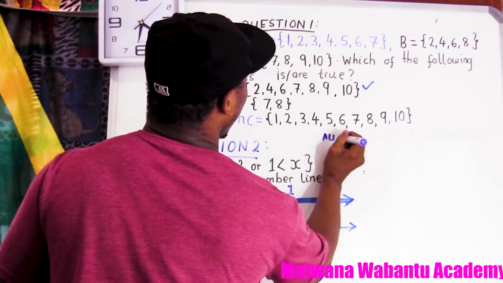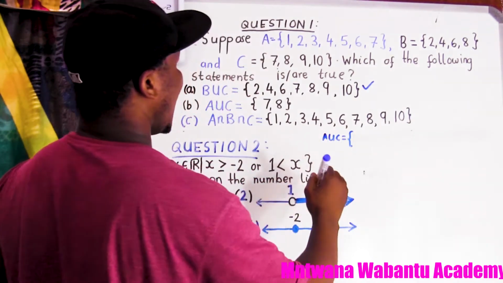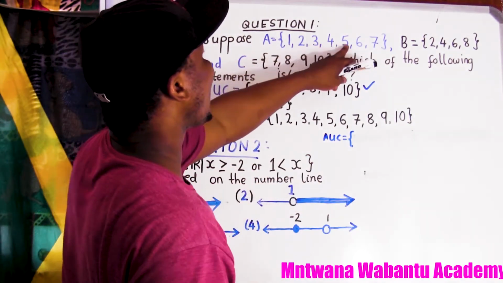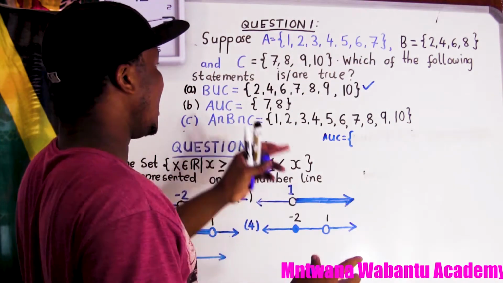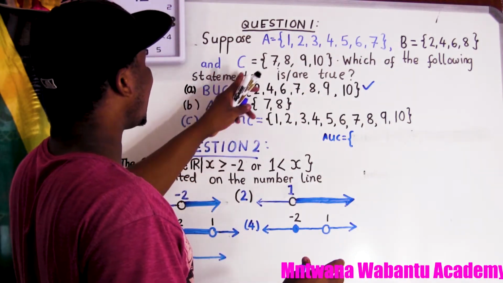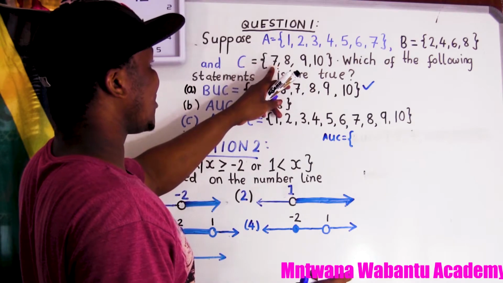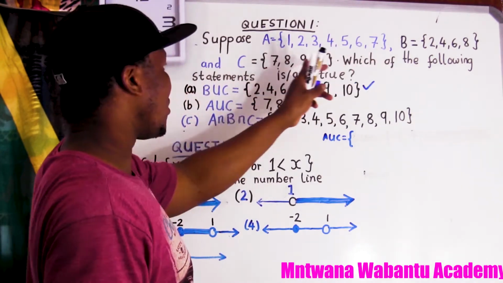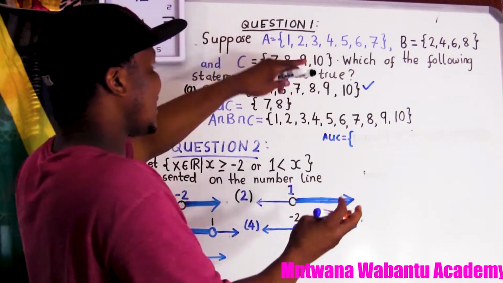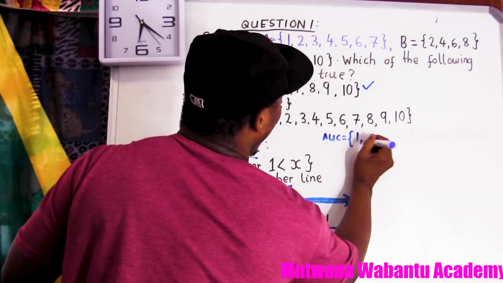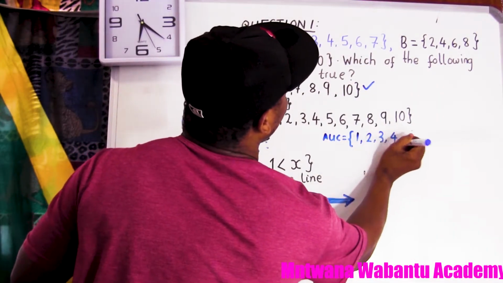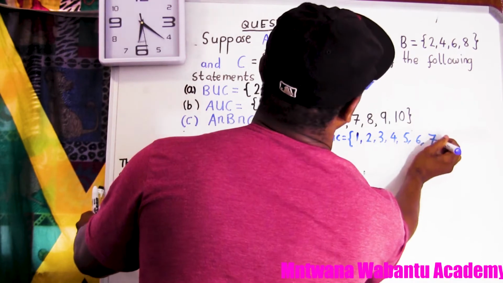Now A union C, what is our A? Our A is 1 2 3 4 5 6 7, everything in order. Where is C? This is C. C starts from 7, so I can write everything here because C starts from 7. So if you put them together, it's going to be 1 2 3 4 5 6 and 7.